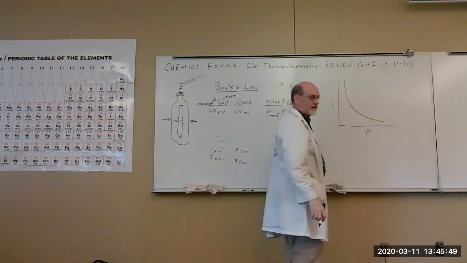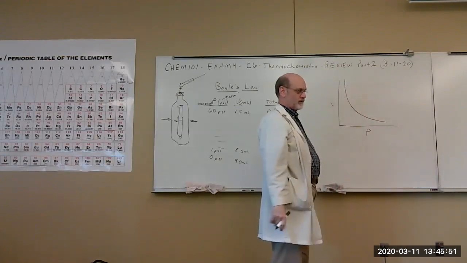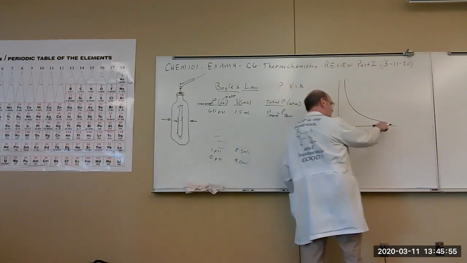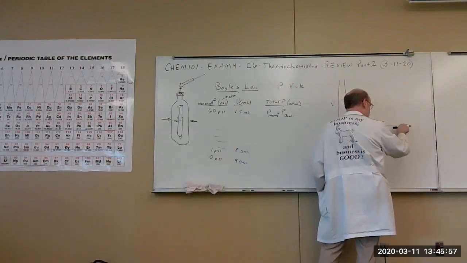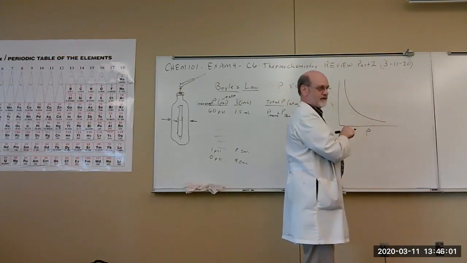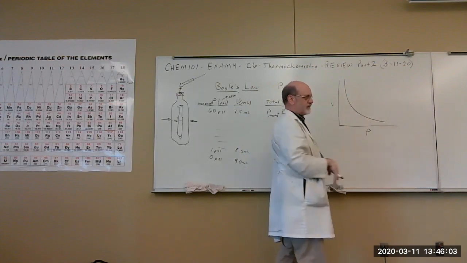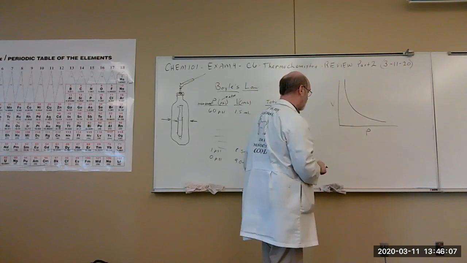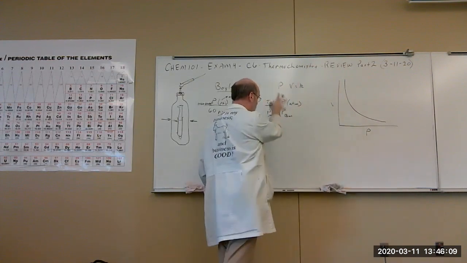Like that. In fact, it's a special kind of curve. It's called a hyperbola, which means this tail gets closer and closer to the axis, and this tail gets closer and closer to the axis, but it never touches. It goes on to infinity. It never touches the axis. All right, so that's what you get with your plot of the raw data.